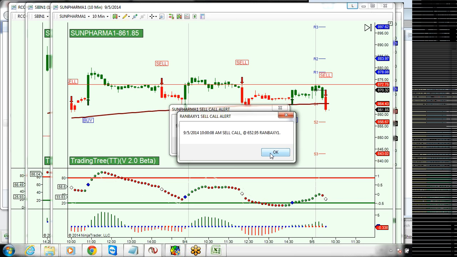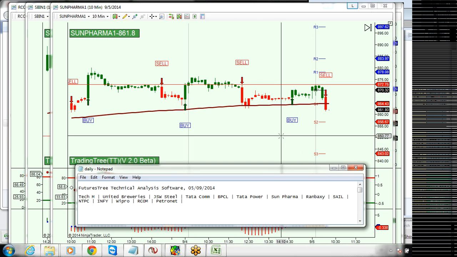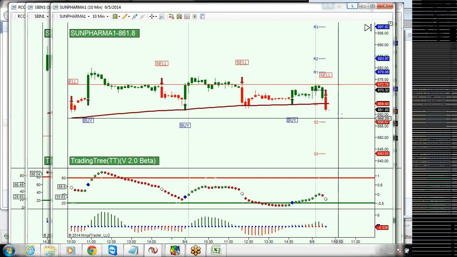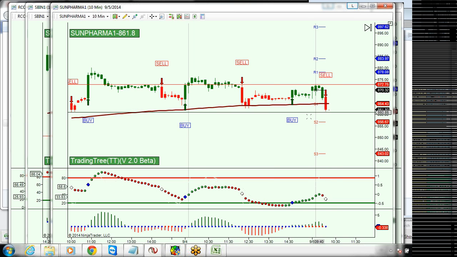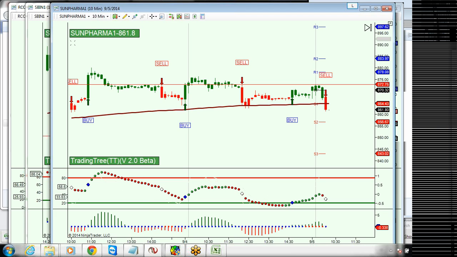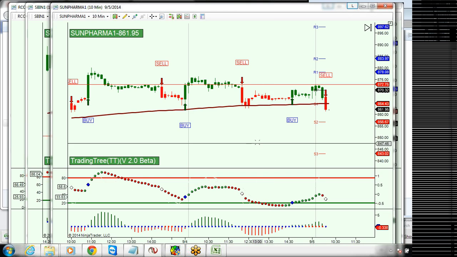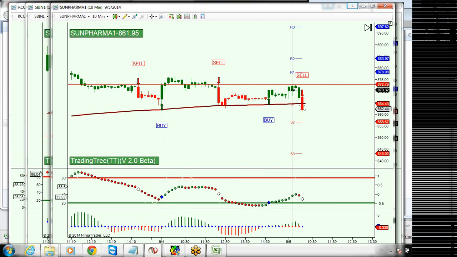So we have a sell call in Ranbaxy. We have a sell call in Sun Pharma. The simple way to trade is, this is for TradingTree. The prices what you are finding in TradingTree are the futures prices. You directly get the futures prices. So how you trade is, the low of this candle, that is 861.